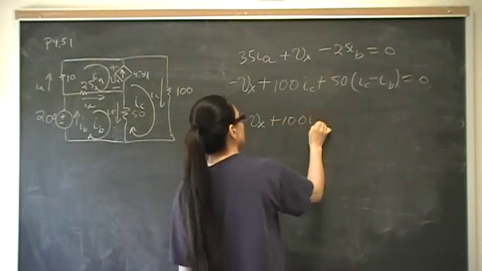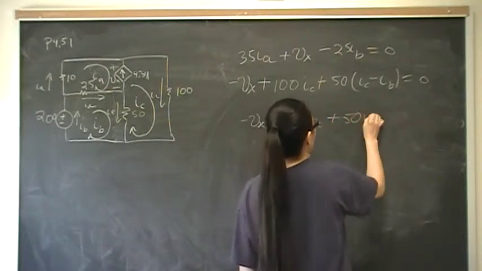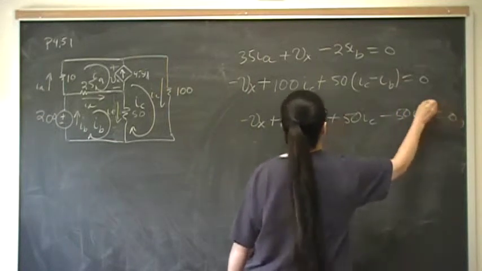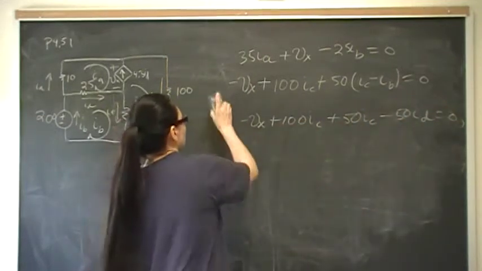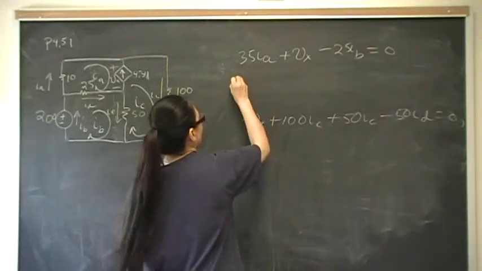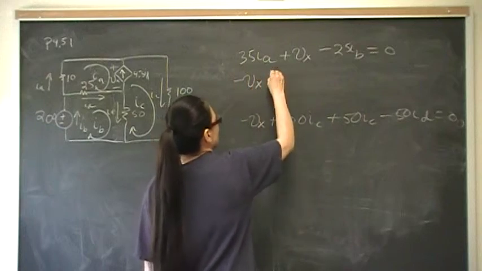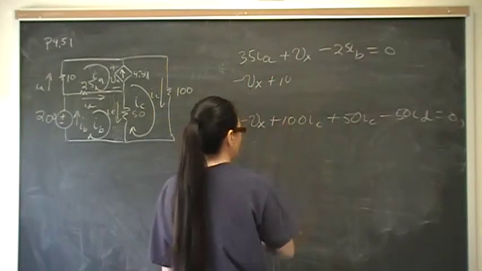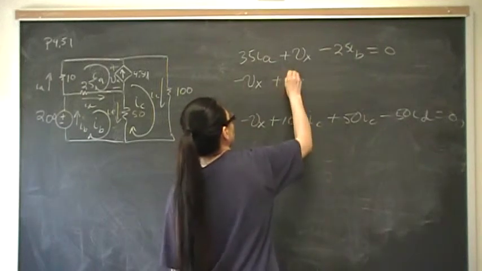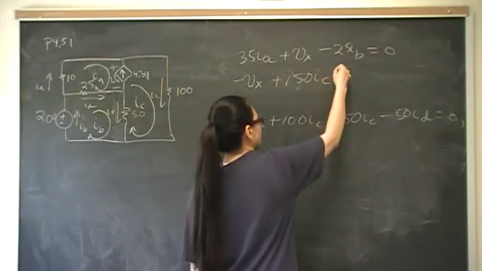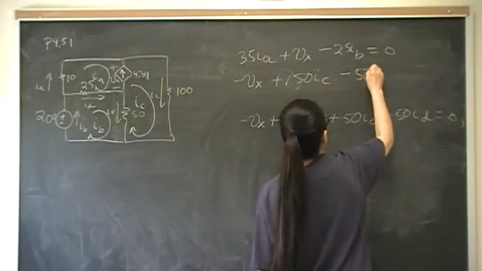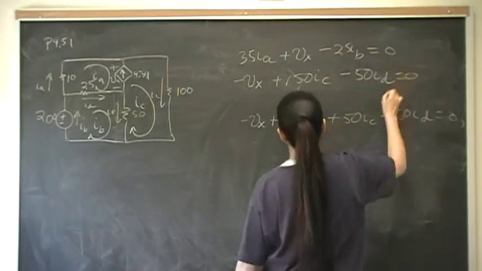100 IC plus 50 IC minus 50 ID is equal to 0. So my new equation is minus Vx plus 150 IC plus minus 50 ID is equal to 0.